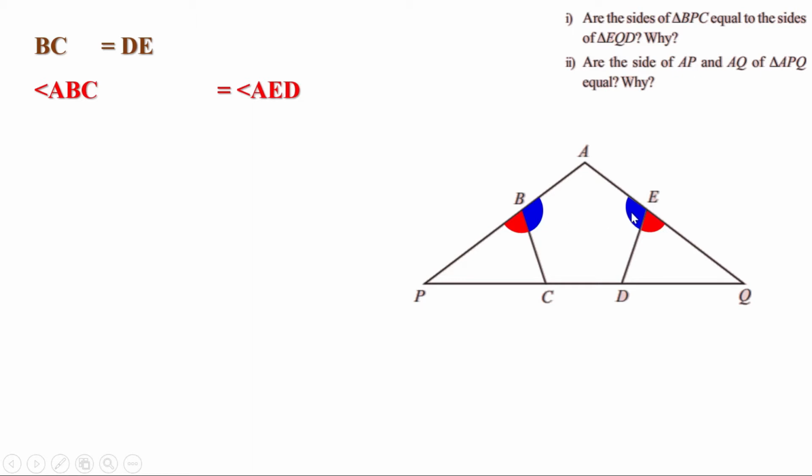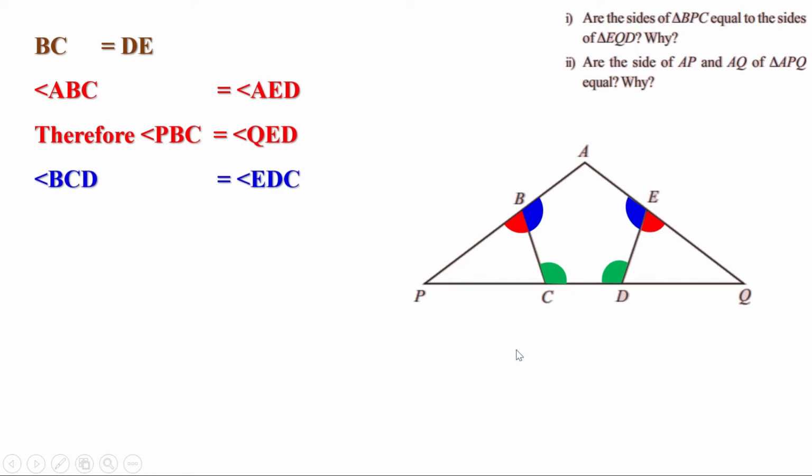Therefore, when these two angles are equal, these two angles are also equal, that is angle PBC equals angle QED. In the same way, these two angles are also equal, that is angle BCD equals angle EDC. Therefore, these two angles are also equal, that is angle PCB equals angle QDE.